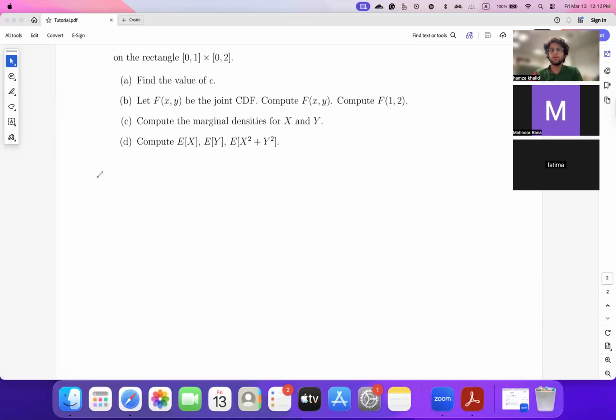Okay. So now what would be your E of X? Just 1 by 5 x times what was the probability density function, the one we computed? So this thing, what was that?